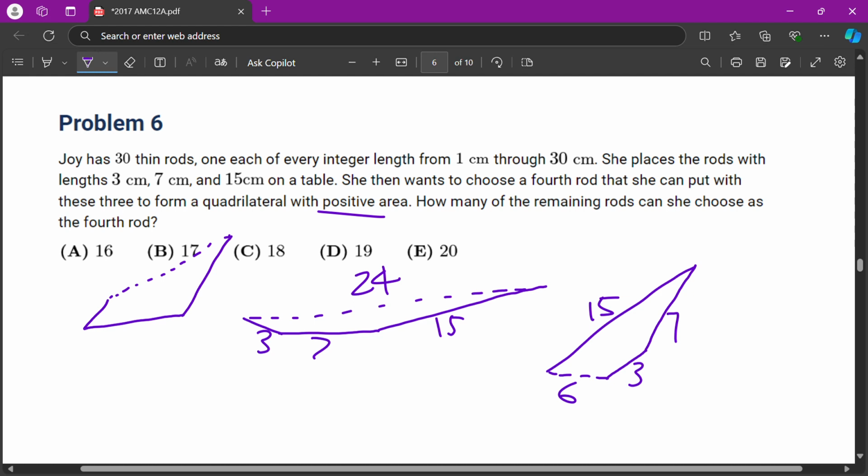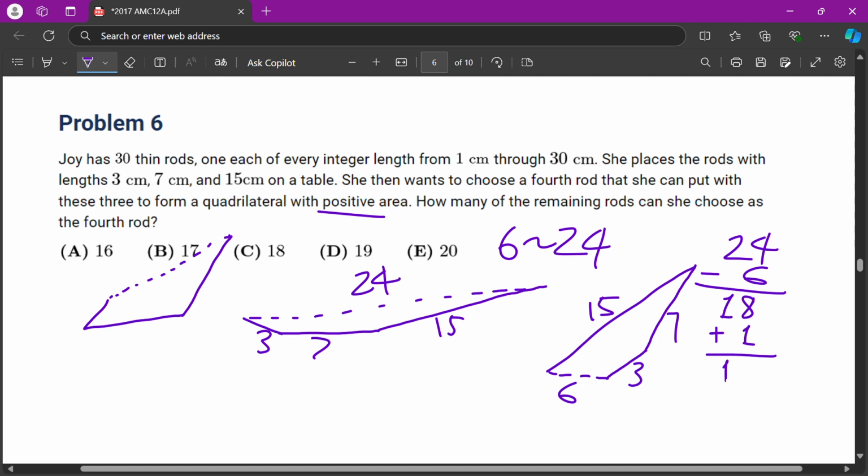So between 6 to 24, that's all the rods we can use, right? So 24 minus 6 and then plus 1. So 24 minus 6 is 18. 18 plus 1 is 19.